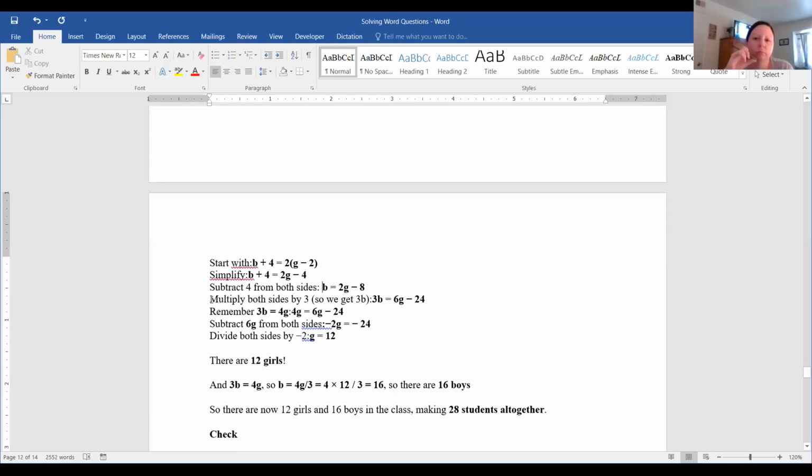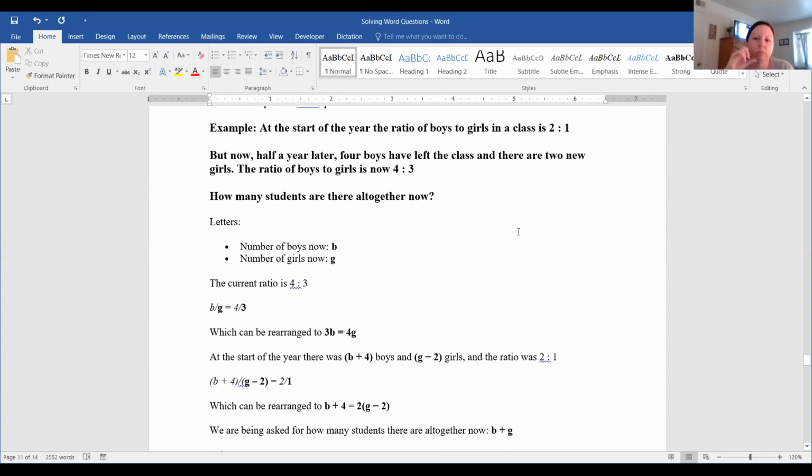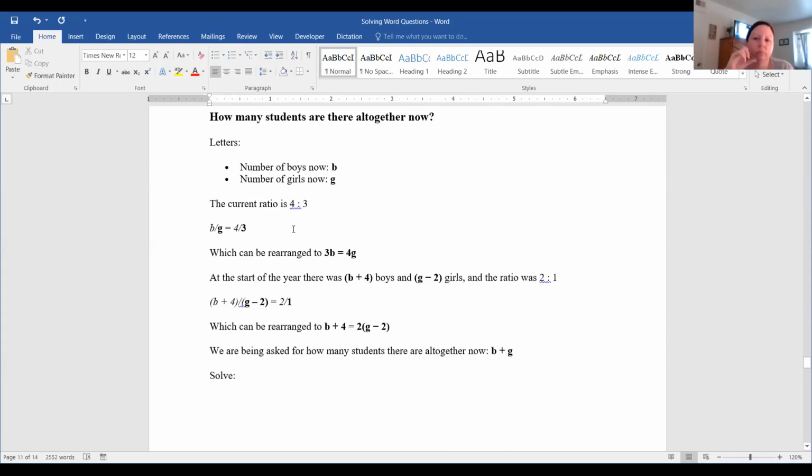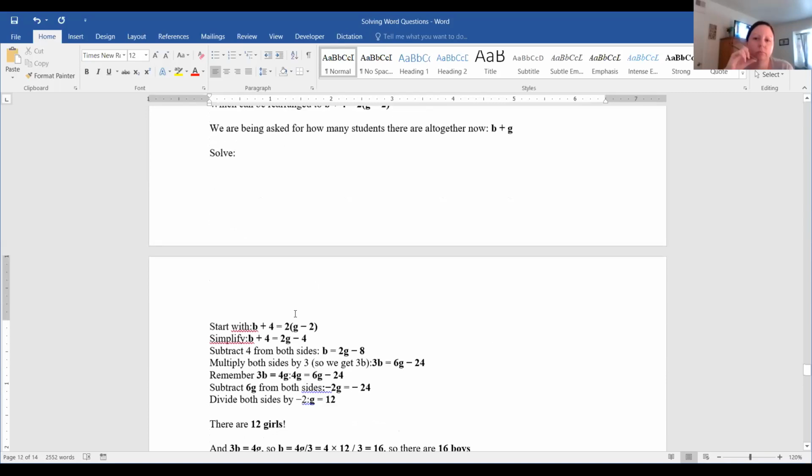That is what we have now. Remember, we've now gone to this 4 to 3. So we've got 3B equals 4G today. So we use this formula next. So if we have 3B, what do we have here?